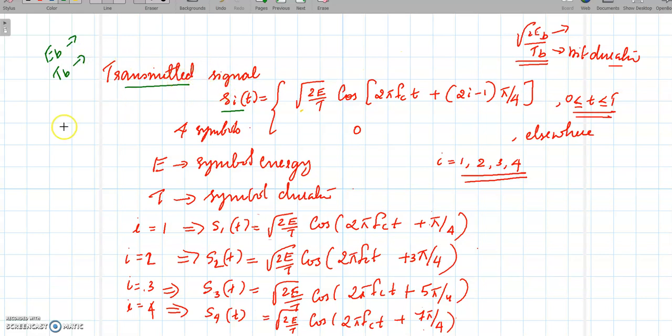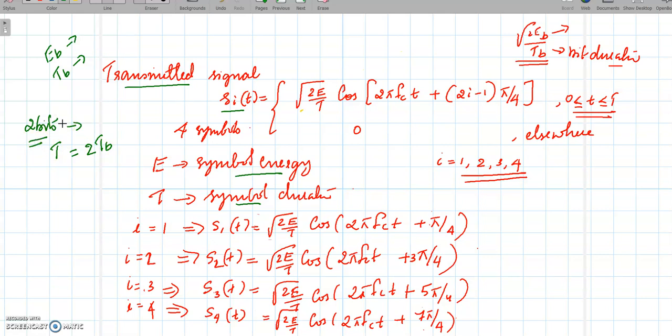But in the case of QPSK, 2 bits are transmitted per symbol. So T represents the symbol duration and E represents the symbol energy. The symbol duration in the case of QPSK is 2 times TB, since 2 bits are transmitted in one symbol.